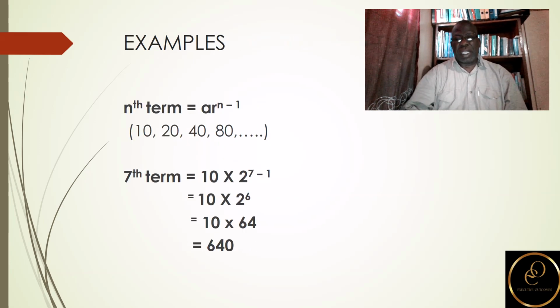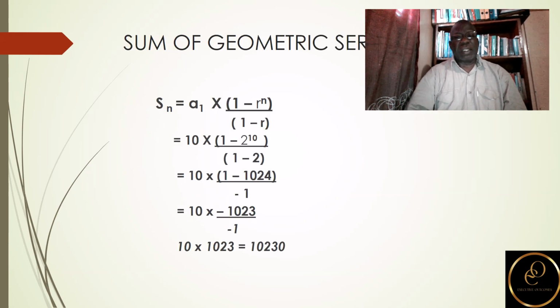The first term is 10, so a1 is 10. Then we multiply by open bracket 1 minus the common ratio we determined, which is 2. And how many numbers are we adding in the series? 10. So the power is 10. Then divided by 1 minus the common ratio, which is 2.